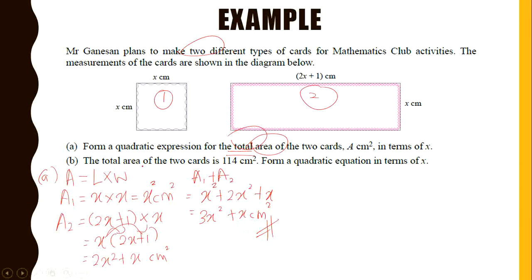Okay, so next, B. The total area of the two cards is 114 centimeter square.